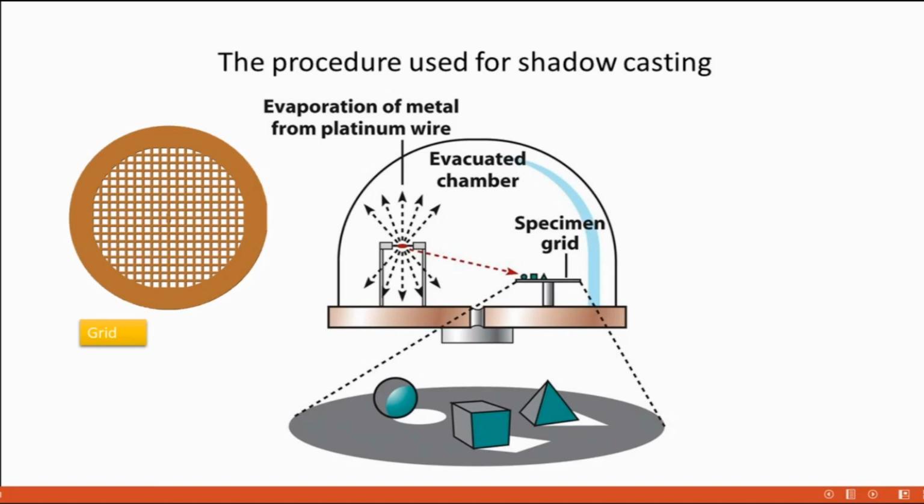Negative image means what we observed in the TEM is opposite to what we recorded on the photographic plate. Opposite means what? In the TEM, we observe the uncoated areas brighter and coated areas darker. But if we record the image on a photographic plate, the uncoated area appears dark and the coated area appears bright. This is the procedure used in shadow casting.